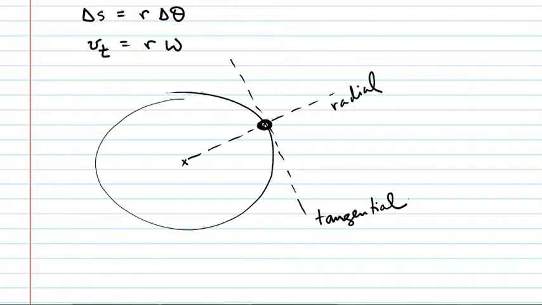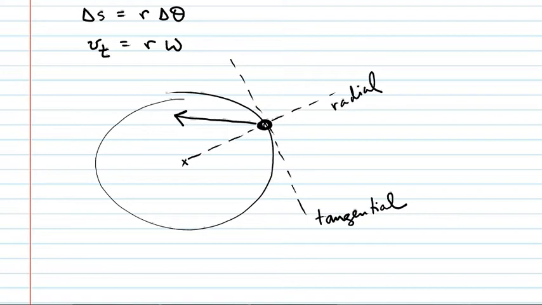But if the object is truly speeding up or slowing down, its acceleration is general enough that it may, for instance, be a vector oriented something like that. So it doesn't lie necessarily on the tangential axis. It doesn't lie necessarily on the radial axis. It's a more general situation.